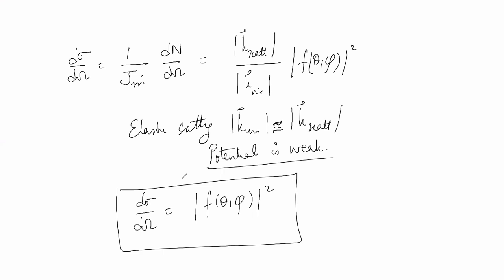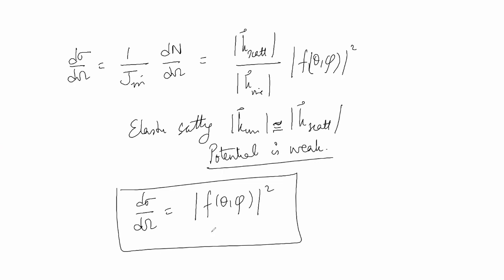Therefore, this is the basic concept of differential scattering cross section, and once we have differential scattering cross section, we integrate over theta and phi to get the total scattering cross section.